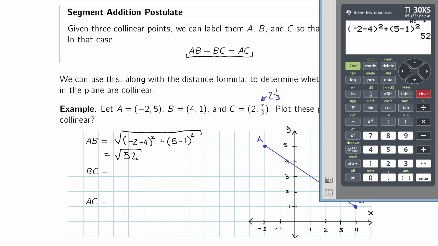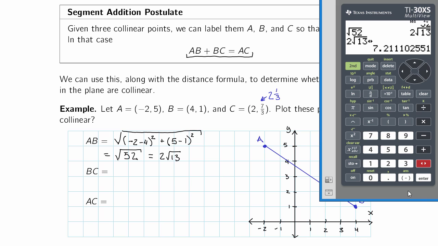And since we're planning on doing some arithmetic with that later, we might want that as a simplified radical. So I'm going to just put that in. Square root 52 is the same as 2 root 13. We might also want a decimal approximation. So that's about 7.21.